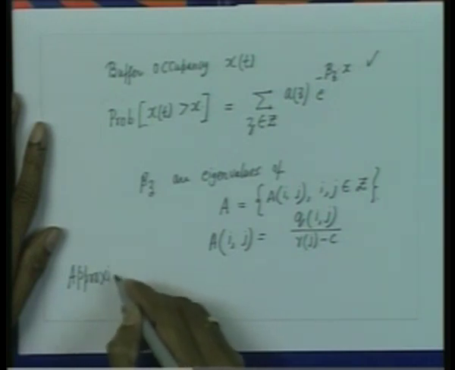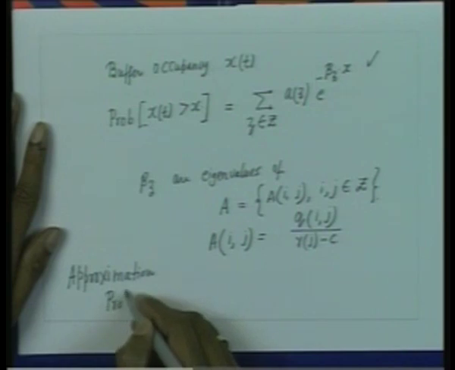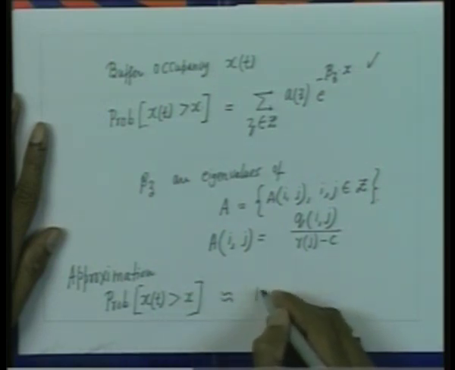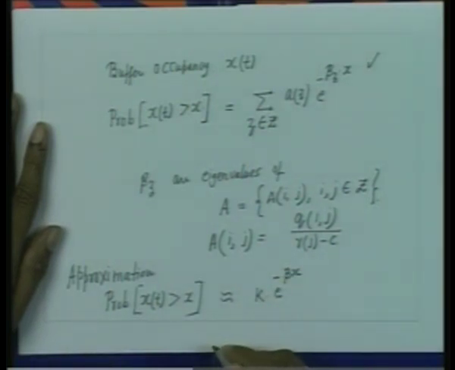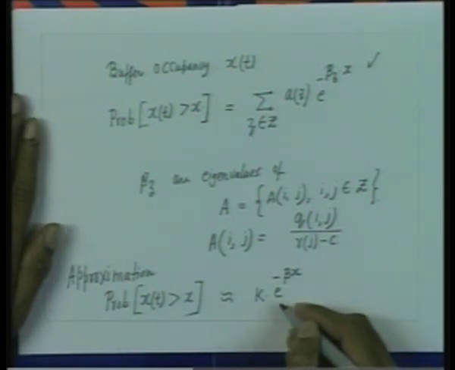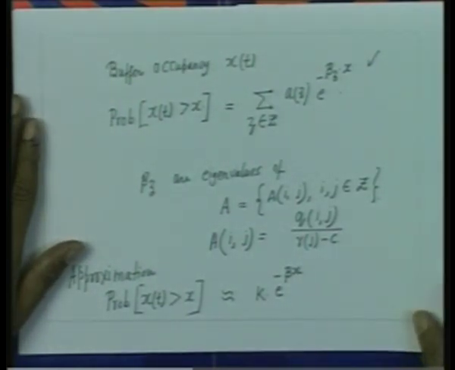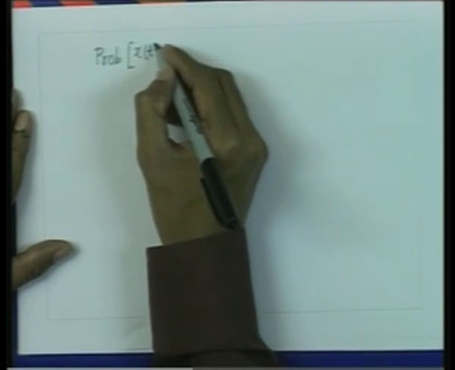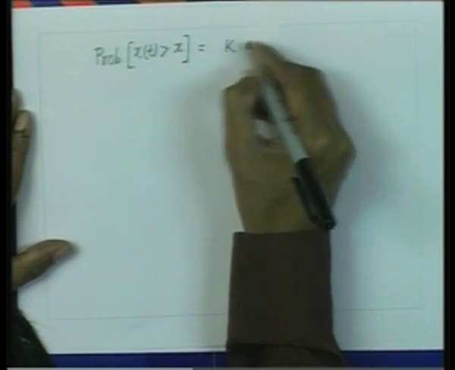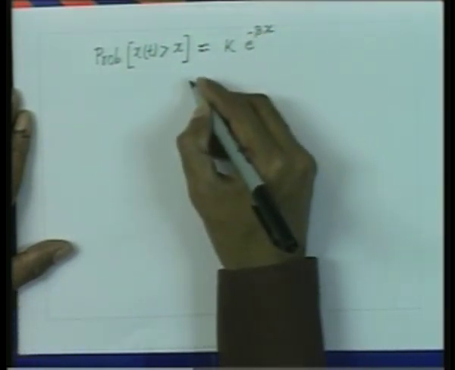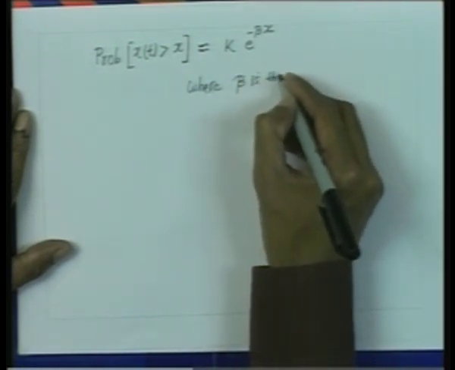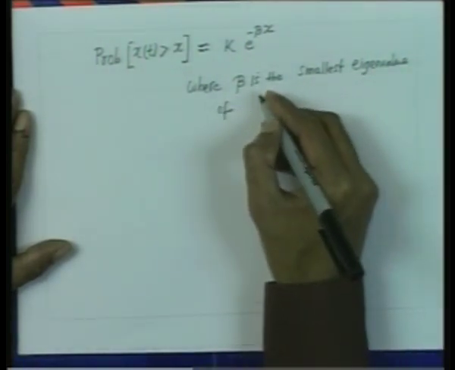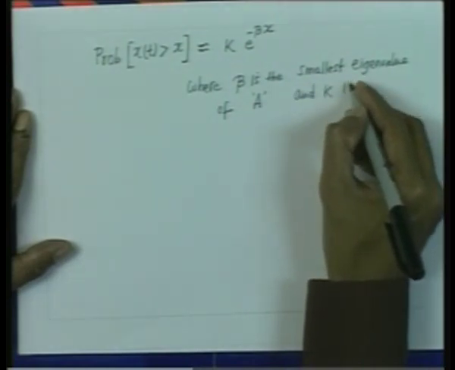Let us approximate this buffer occupancy distribution by saying that the probability that xt is greater than x is approximated by k into e raised to power minus beta x, where beta is the smallest eigenvalue of this matrix A, and k is the corresponding coefficient.